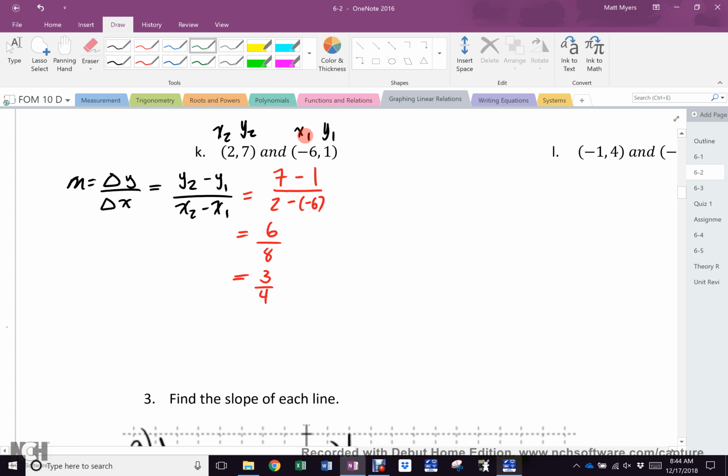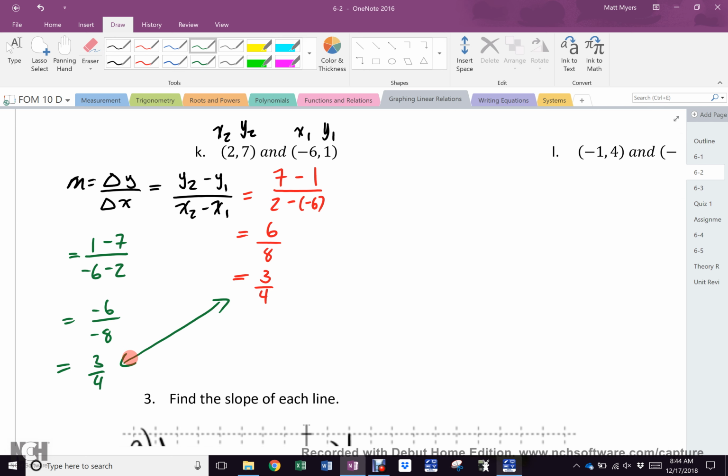If you went the other way, then you have 1 minus 7 over -6 minus 2, correct? 1 minus 7 is -6. -6 minus 2 is -8. 2 negatives make a positive. 6 over 8 makes 3/4. Does everybody understand this?